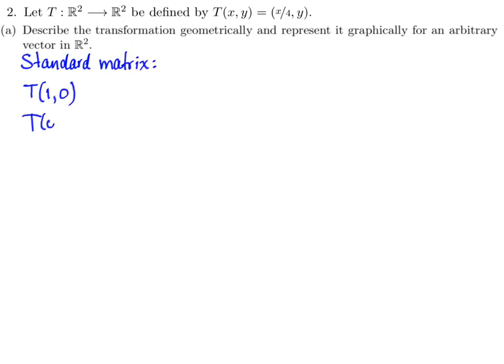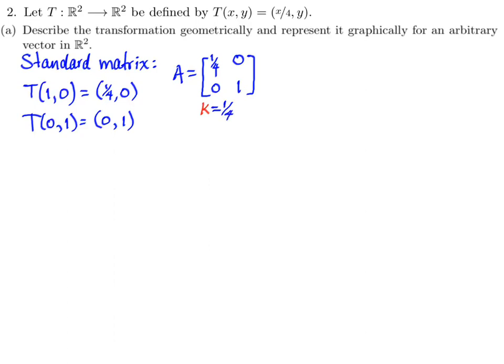So we start with the 2 standard vectors and find their images. The first one, 1, 0, goes to 1 over 4, 0. The second one doesn't change. 0, 1 goes to 0, 1. We write down the matrix. The 2 columns are the 2 image vectors.